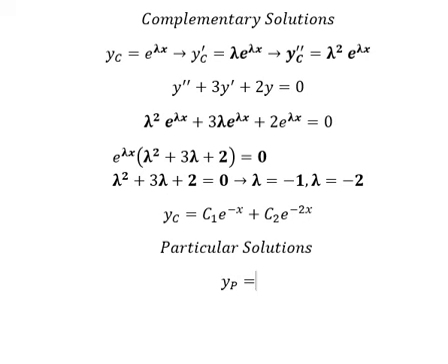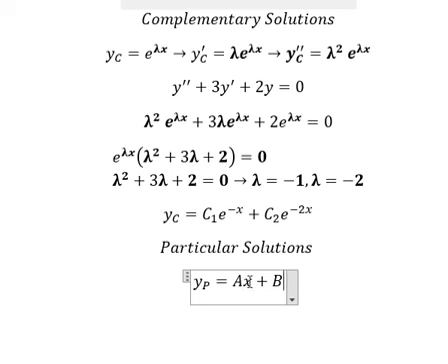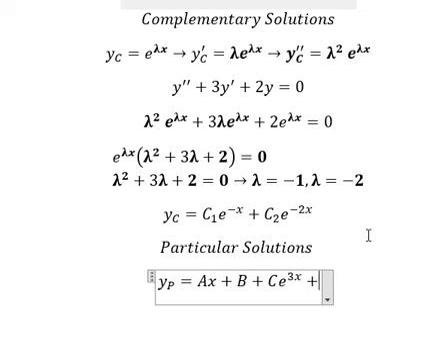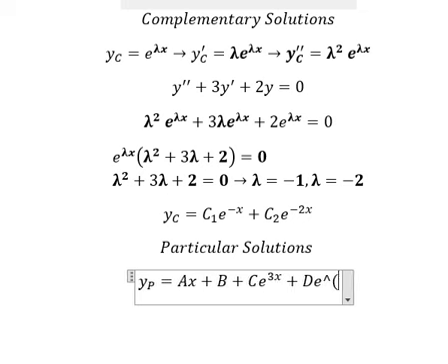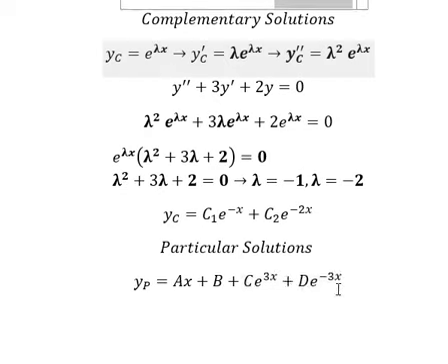That is about as plus b, because we have s, so we need to put s to the power of number 1 and s to the power of number 0. So that's why we got like this. And the next one, ce to the power of 3s and de to the power of negative 3s because we have this one.